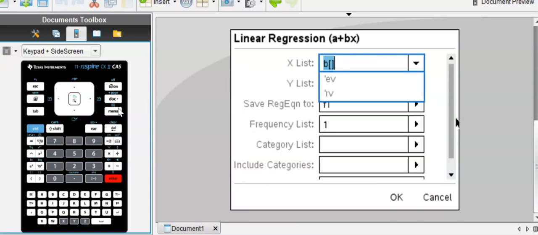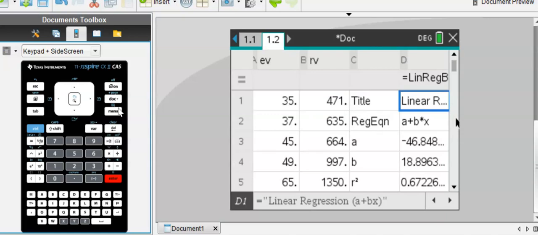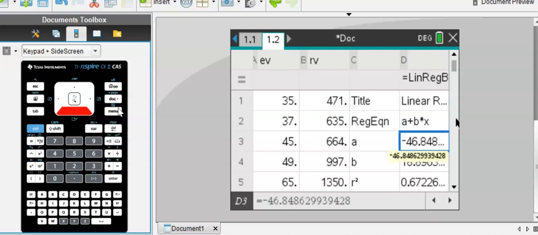My X list is my EV, my Y list is my RV. And there I have my value for the y-intercept at negative 46.8 and my value for the slope at 18.9.